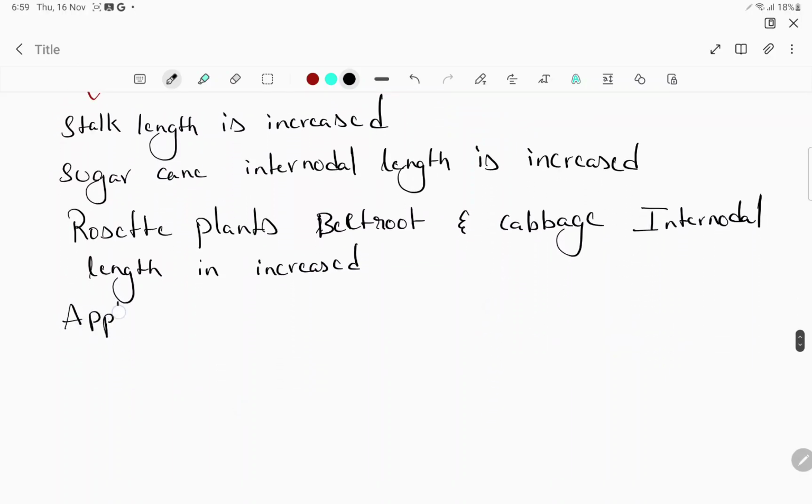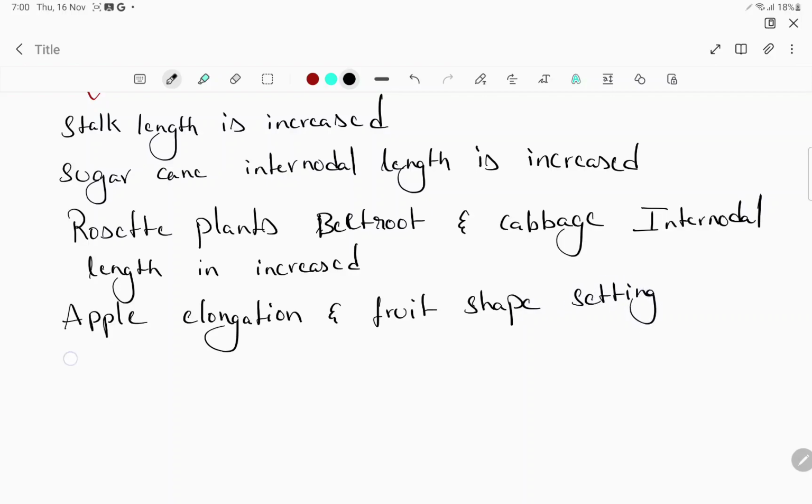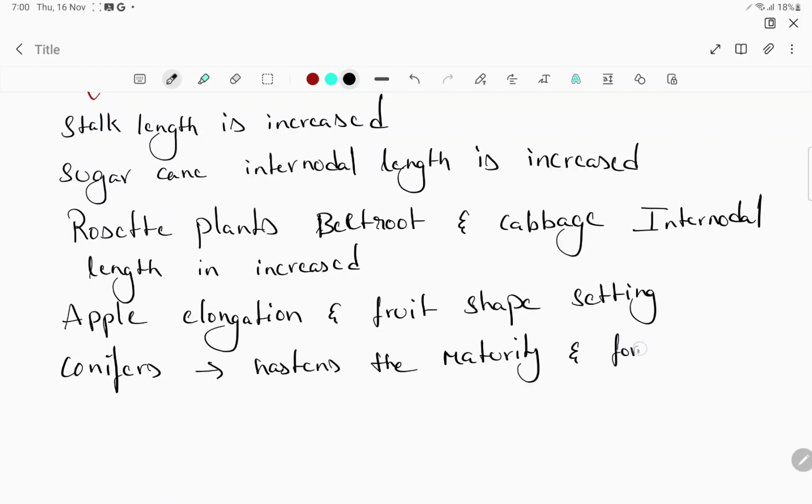And for apple, elongation and fruit shape setting is promoted. And for conifers, it hastens the maturity and forms seeds.